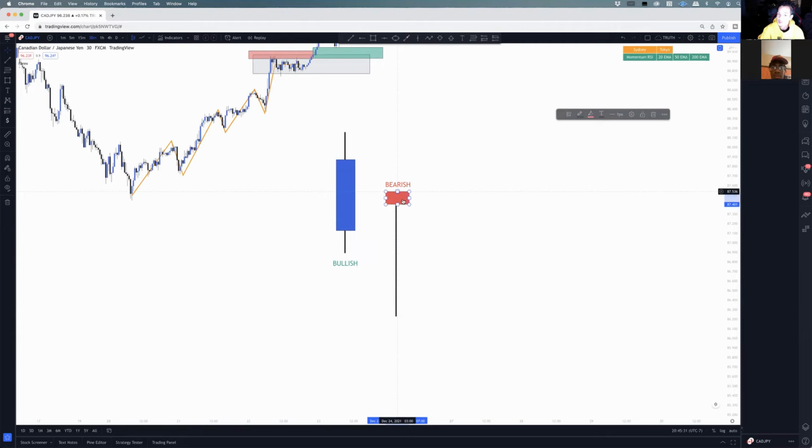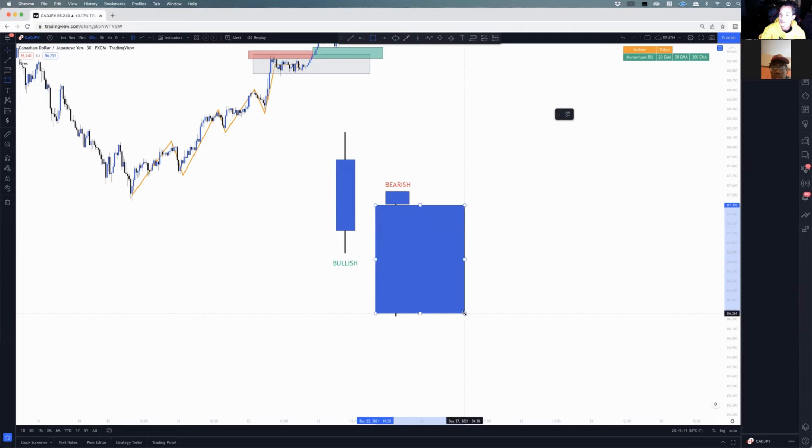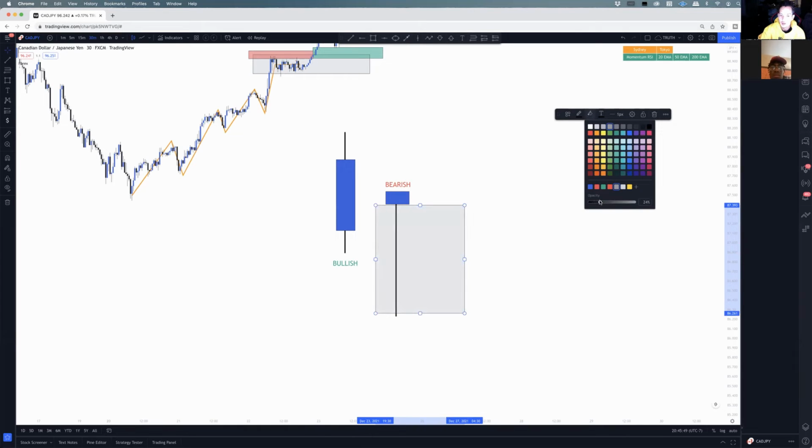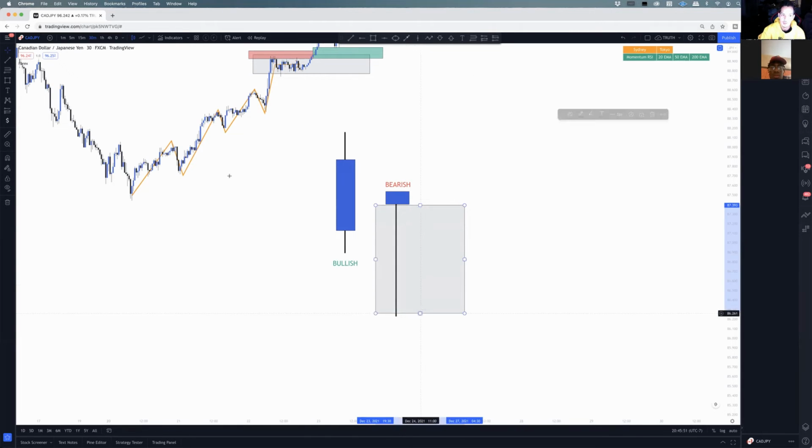There's a bunch of candlesticks we can learn about. Maybe it creates this. This shows that the sellers could not take over this candle, because at the end of the day it turned blue and we had this huge area to the bottom where there was just wick. There was just nothing there.